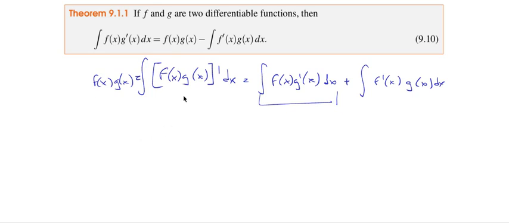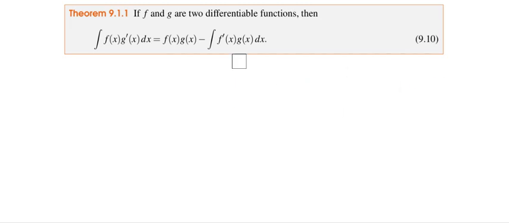Now you just need to solve for this: subtract it to the other side and you get the original formula. Most of you, if you have seen this before, will typically have seen it like this: the primitive of u times dv is u times v minus the integral of v du. There are a lot of mnemonic rules to remember this.